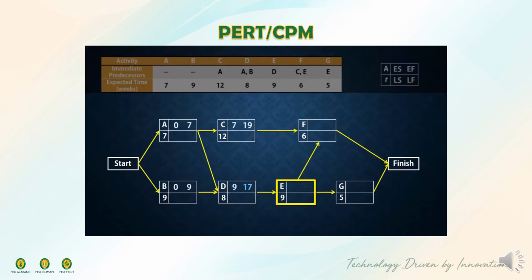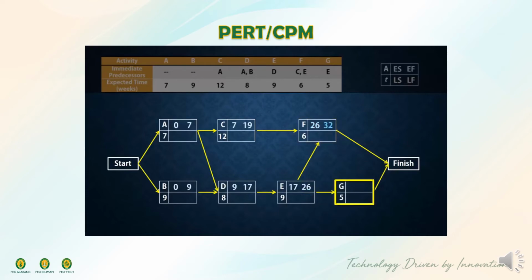E here has only one predecessor, D, and so can start at 17 and finish earliest at 26. F has predecessors C and E. Since the higher earliest finish time is 26, F can start earliest at 26 and finish at 32.